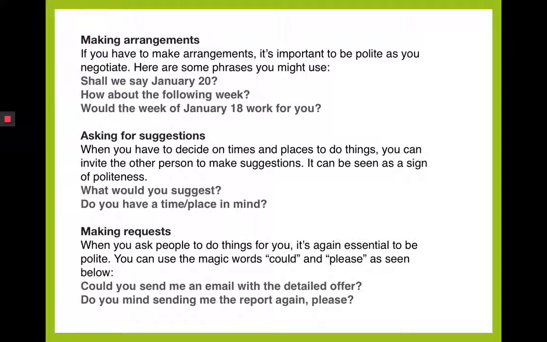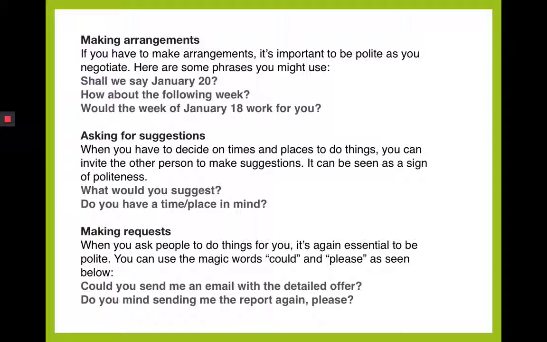So yeah, you want to make suggestions. Would the week of January 18 work for you? So that would be some of the date arrangements that you can use. Asking for suggestions: What would you suggest? Do you have a time or place in mind?